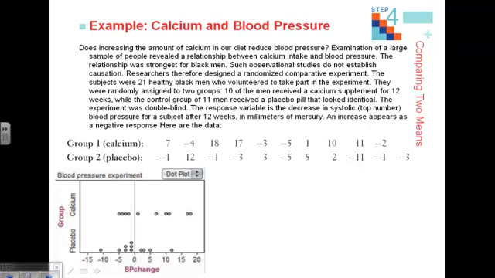What's my alternate hypothesis? I would expect that we're looking for a decrease in blood pressure amongst the calcium group and not as big of a decrease in the placebo group. Or if group 1 is my calcium, that the decrease in blood pressure in the calcium group is greater than the decrease that we saw in the placebo group.